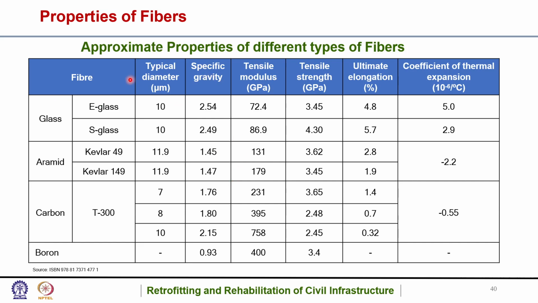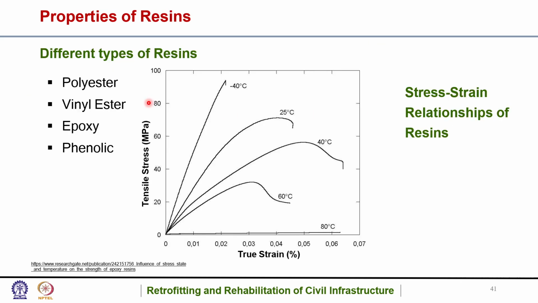If we study the various properties associated with the different types of fibers, standard fibers have been shown here, ranging from typical diameter, specific gravity, tensile modulus, tensile strength, ultimate elongation, and coefficient of thermal expansion, which is alpha. If we talk about the different types of resins, there can be polyester, vinyl ester, epoxy, phenolic.